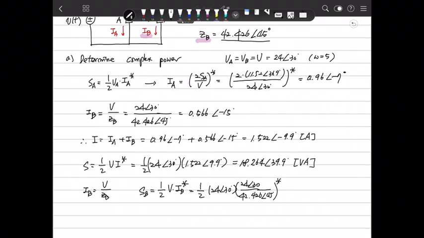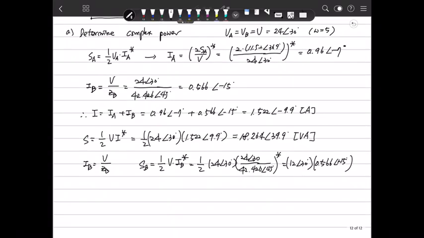So we can use it. So that will be 12 at 30 degrees and 0.566 with angle minus 45, but this conjugate plus 15 degrees here.